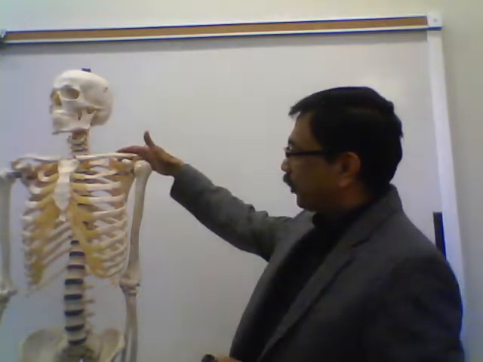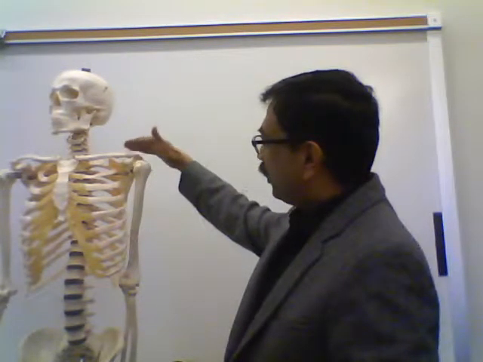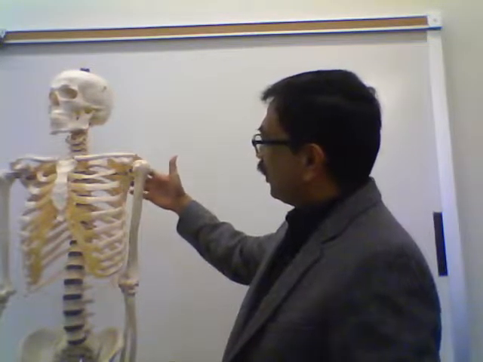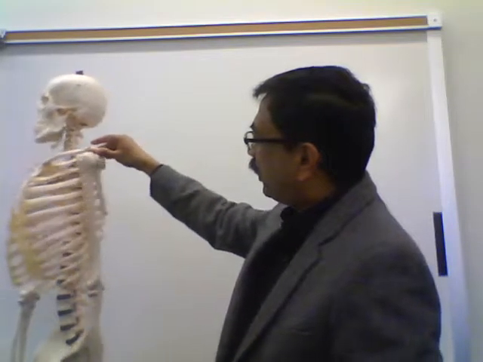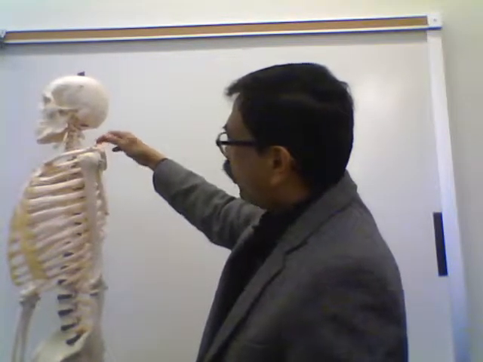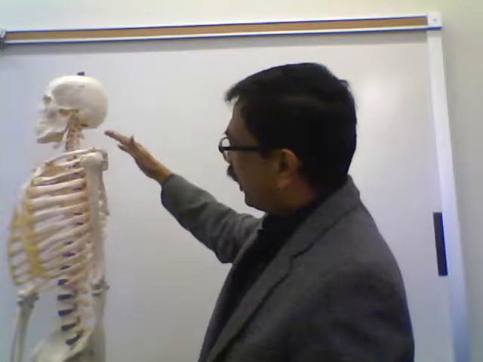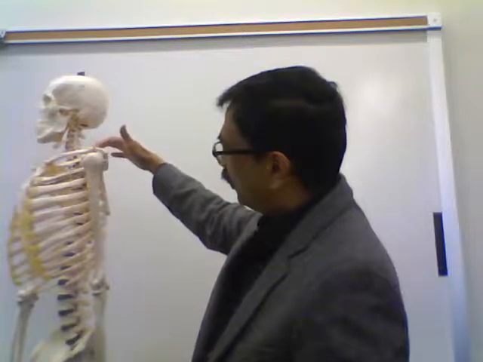Each pectoral girdle consists of two bones. Anteriorly, the clavicle, and posteriorly, the scapula. So these two bones join together at the acromioclavicular joint between the acromion of the scapula and the clavicle.